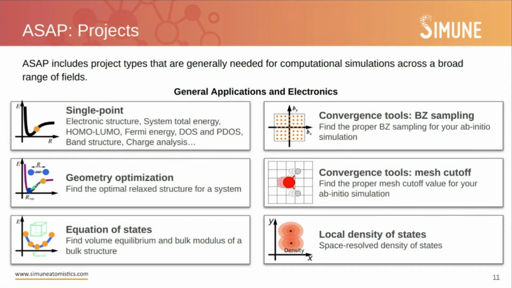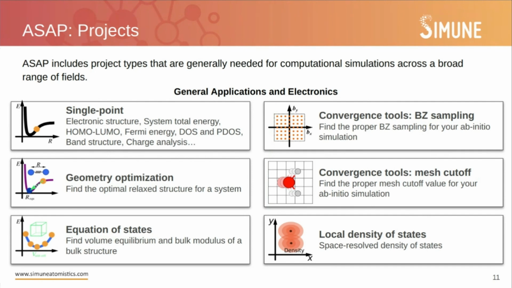We have two tools specifically designed for SIESTA in order to converge two quantities: the number of K-points, the Brillouin sampling, and the mesh cutoff, the real space grid. We have a project to optimize the geometry of the system, and to get the equation of states, so to find out basically the equilibrium volume and the bulk modulus.